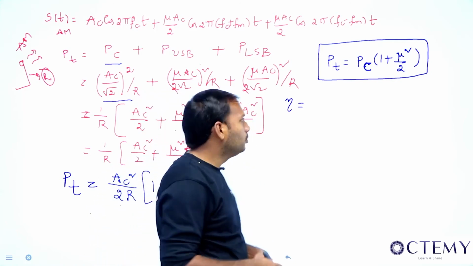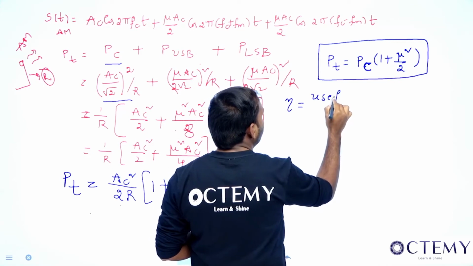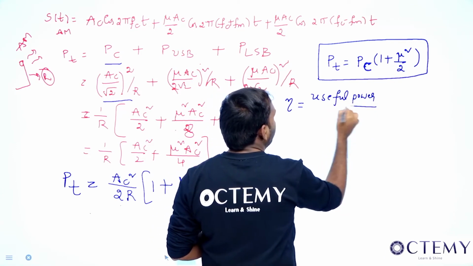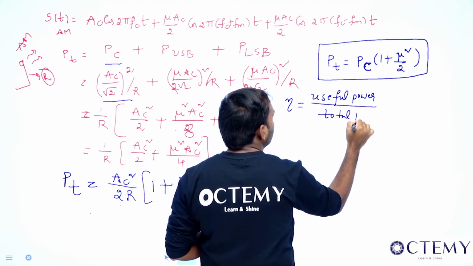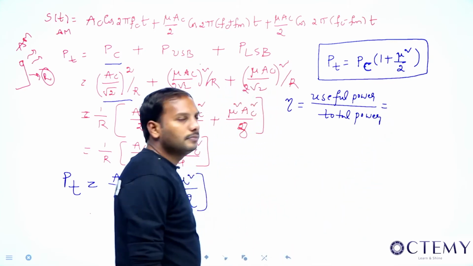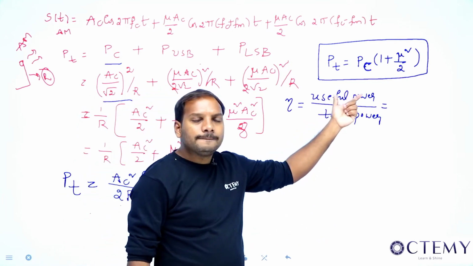That is the meaning. So always you have to calculate efficiency like this: useful power divided by total power.